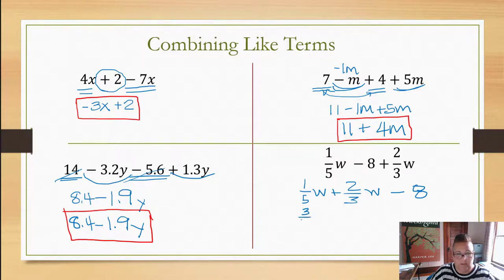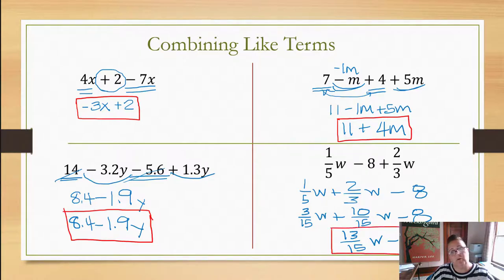So that's going to give me a 3/15 w plus a 10/15 w, or a 13/15 w minus 8. I cannot combine the 8 with the 13/15 w because the 8 is a constant and the 13/15 w is a variable term. So I cannot combine the w without a w.